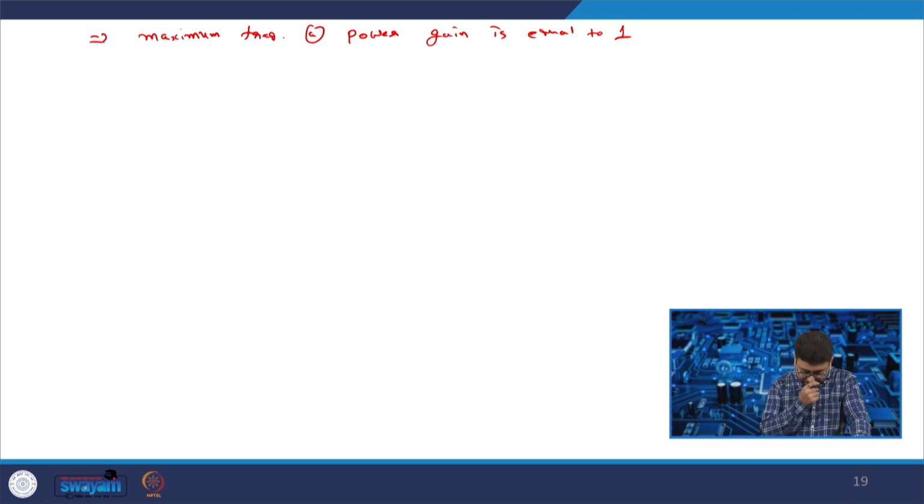So, we will try to derive the input impedance. When we derive the input impedance, we also need to consider the RG.